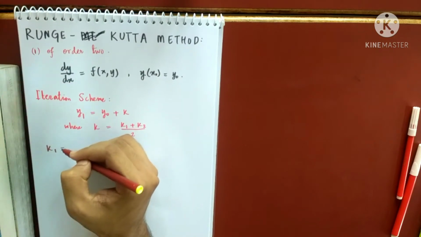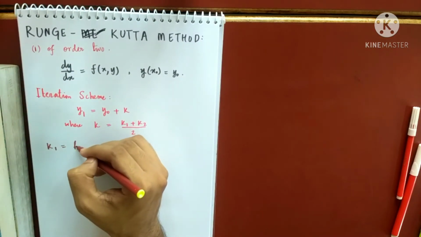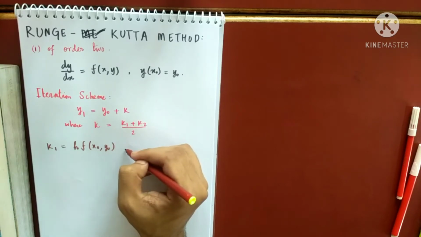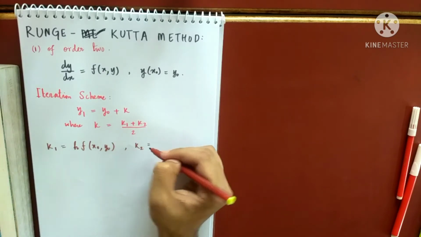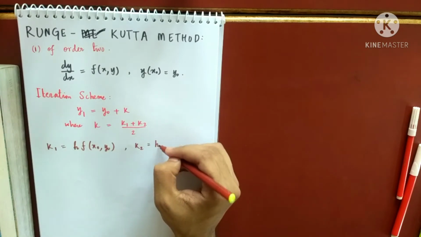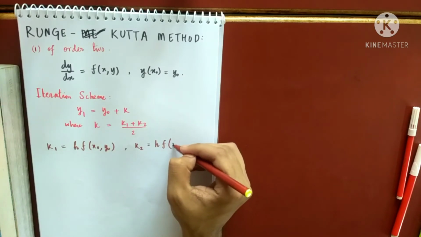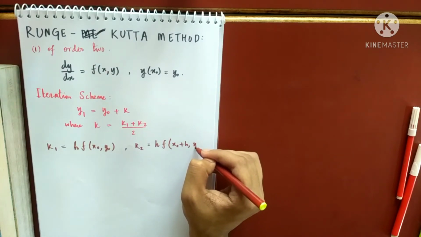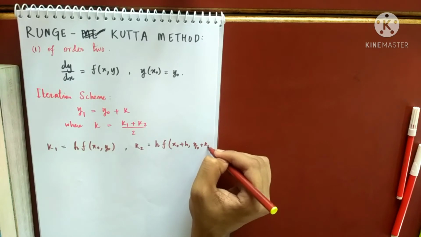K1 is h times f of x0, y0. And k2 is h into f of x naught plus h, y naught plus k1.